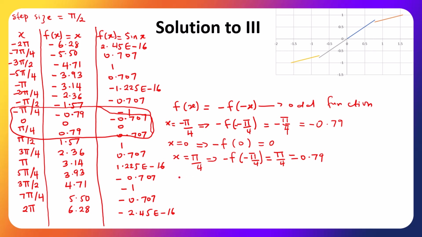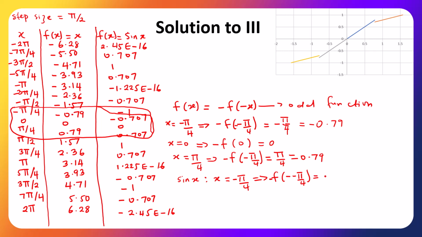So again, for sine x, when x equals minus pi over 4, we have that f of minus pi over 4 is equal to, of course, let us not forget the minus here.